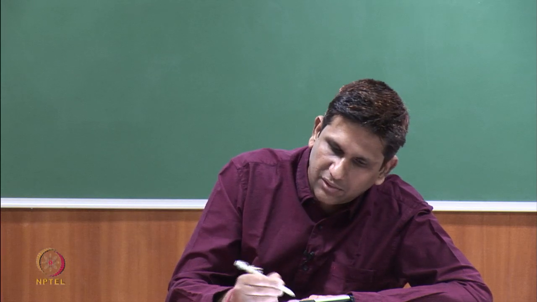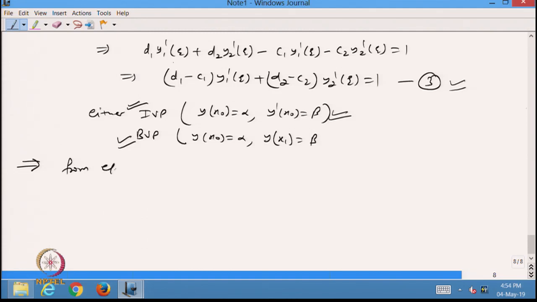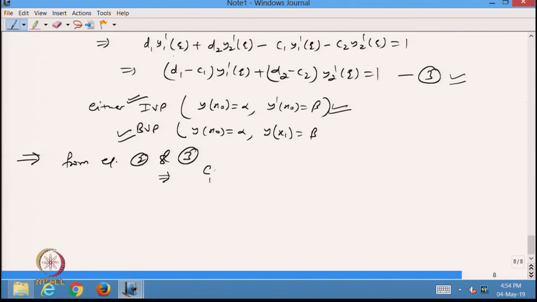Now, from equations 2 and 3, C1 minus D1 y1(x) plus C2 minus D2 y2(x) is equal to 0. I just call it y1 and y2 because we have to write it this way.